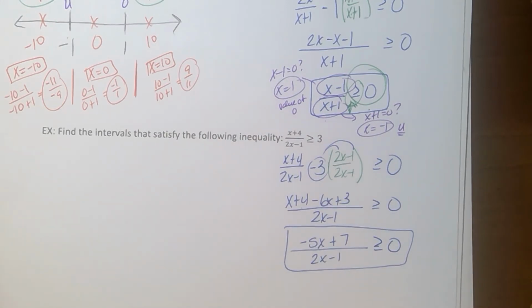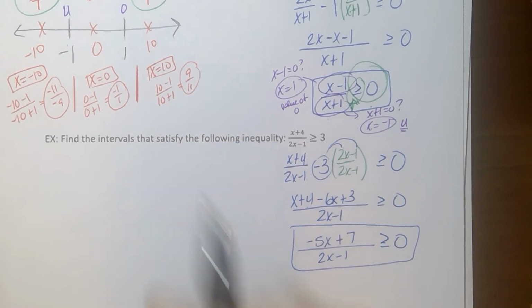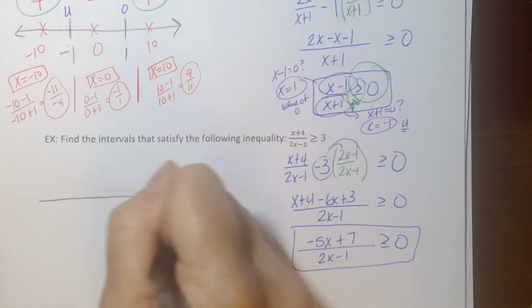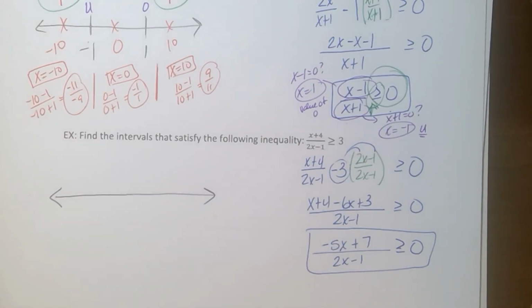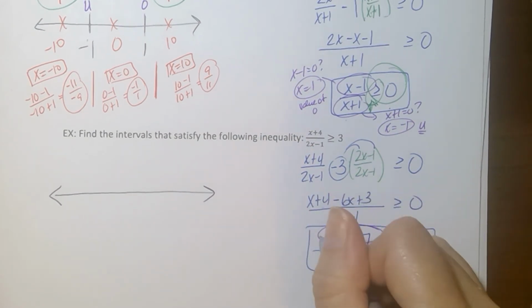Now from this, I'm going to look at my numerator and denominator to discover what my boundary points are, where my graph is going to have either a vertical asymptote where the function is undefined, or it's going to run into that x-axis and create a boundary. From my numerator, I have the function values that are equal to 0.